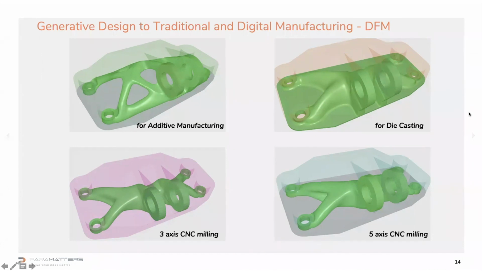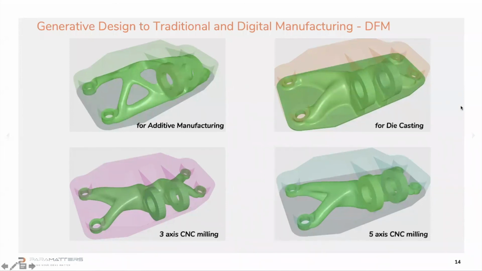For casting, as I explained in my presentation, the user has to assume the cast direction and how we are going to demold the part from the tool. It's clear that with this part, you see all the ribs, you can demold it downward.